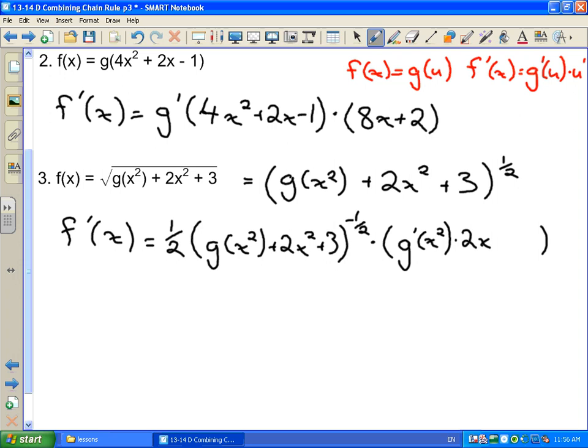Now we can do the derivative of the second term, which is 2x squared. Well, the derivative of that is going to be 4x. And fortunately for me, the derivative of the last term is just 0, because I don't have any room left in my brackets. But that would be my final expression. Okay? And that was the tricky part on this one, applying the chain rule after I'd already applied the chain rule.